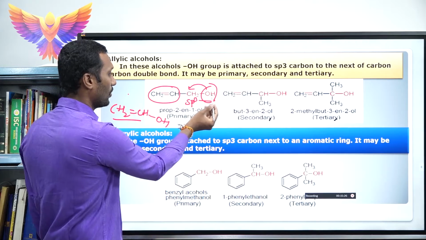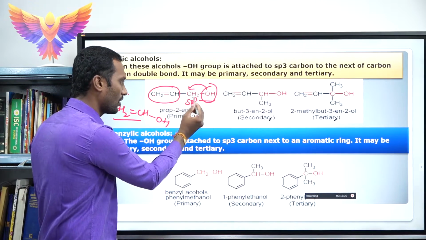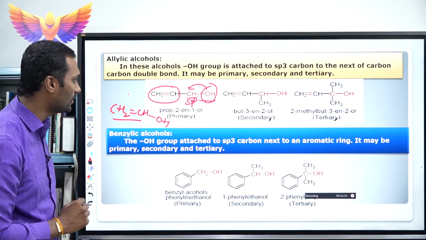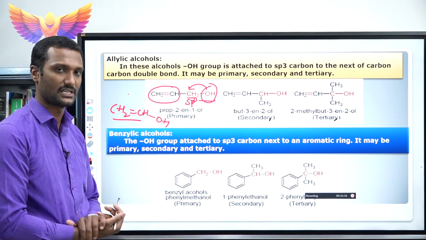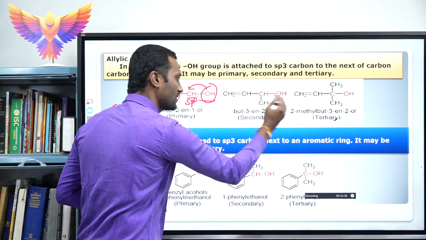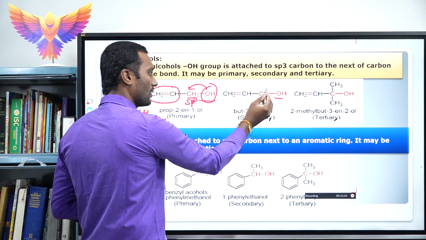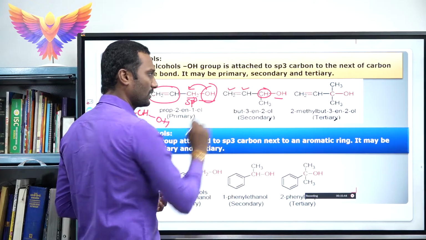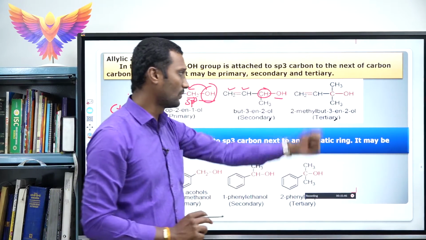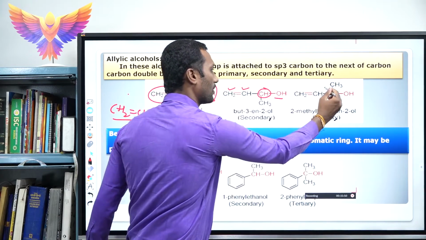But here the OH group is attached to the carbon next to the carbon-carbon double bond, hence it is sp3 hybridization. In this type of alcohol, the OH group is attached directly to the carbon atom, not directly to the carbon-carbon double bond. Here also the OH group is attached to the carbon next to the carbon-carbon double bond.